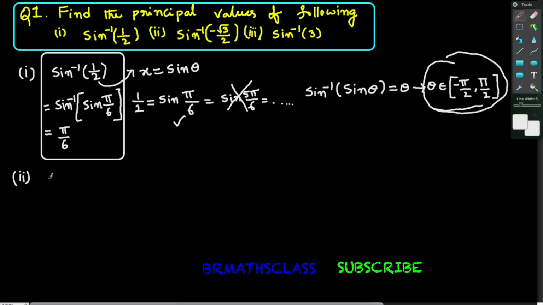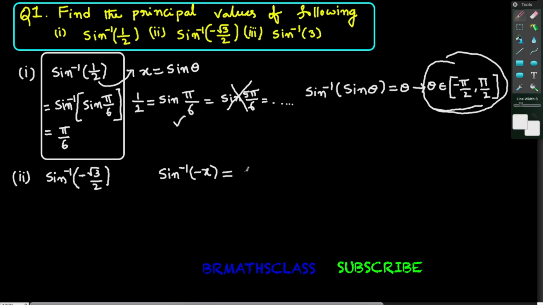Now we will see the solution of the second bit. What is the second bit? Sine inverse of minus root 3 by 2. If you observe, this is of the form sine inverse of minus x. Please listen to this carefully. What is the formula for sine inverse of minus x?